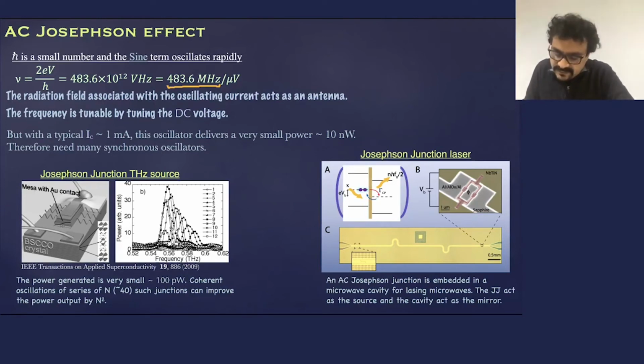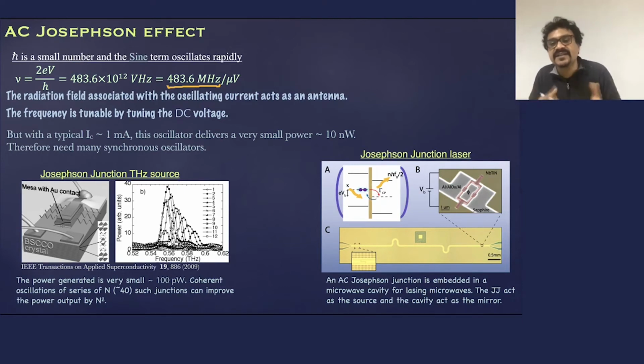So this long conductor that you are seeing here in the center has a capacitance gap on either side. And you have a Josephson junction. Now this mirror is actually a resonator, a superconducting microwave resonator which is tuned to this frequency, and this can capture the radiation emitted by the Josephson junction, and the Josephson junction can capture this radiation back.